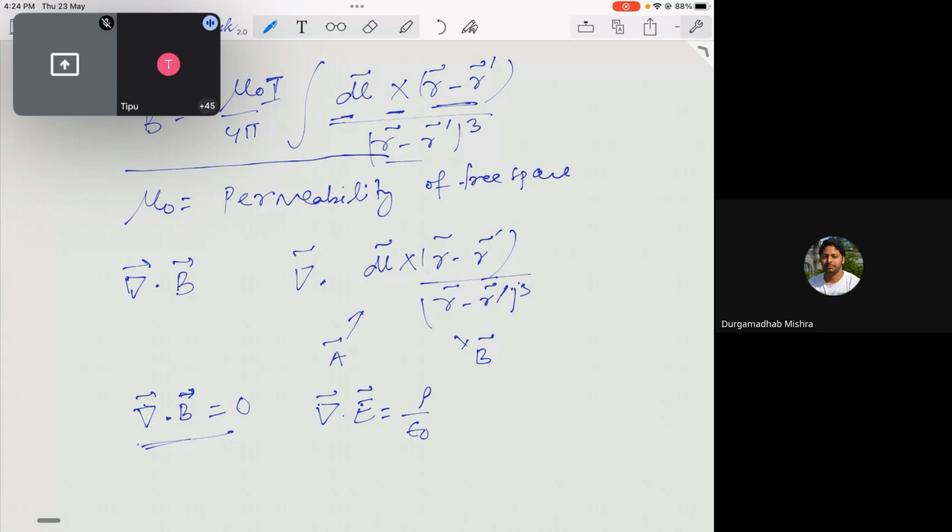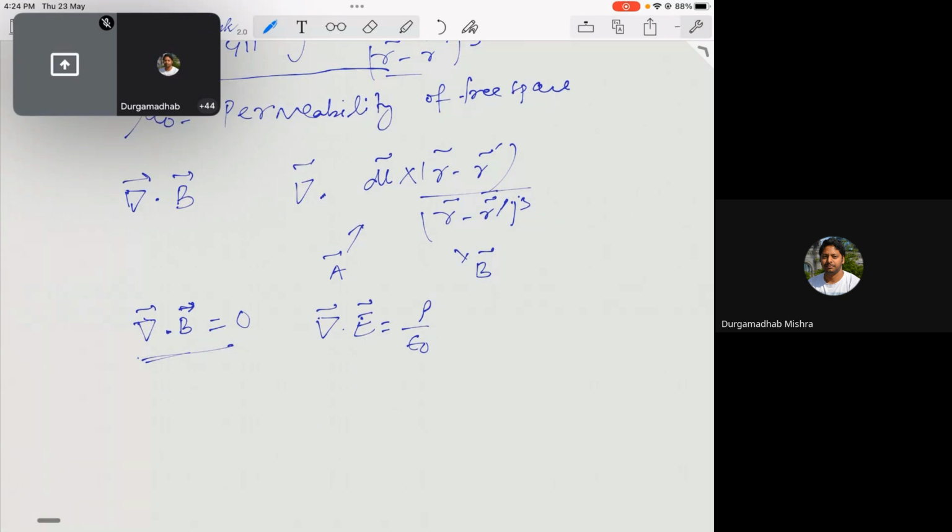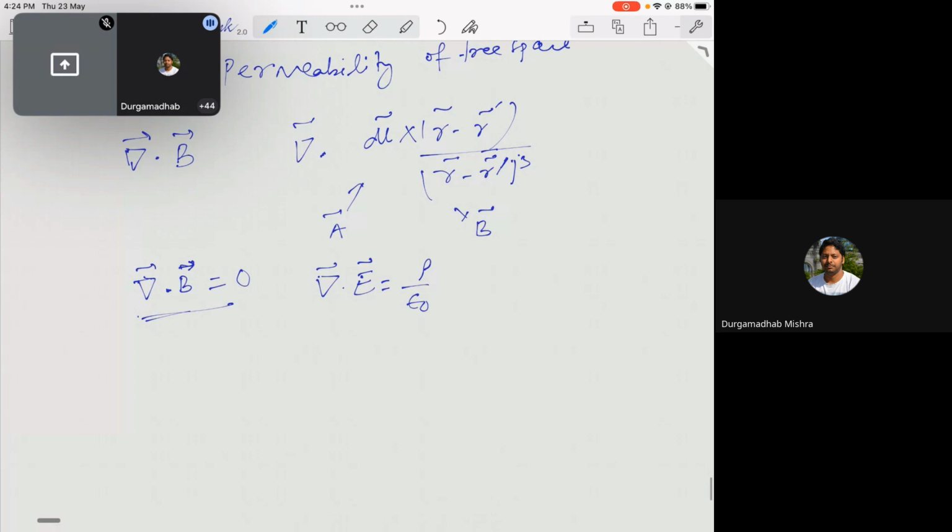In electrostatics, I can say I have a positive charge, and then I have an electric field which I draw like this. Similarly, if I take a negative charge, the electric field will be like this. So I have a source of electric field, either a positive charge or a negative charge.